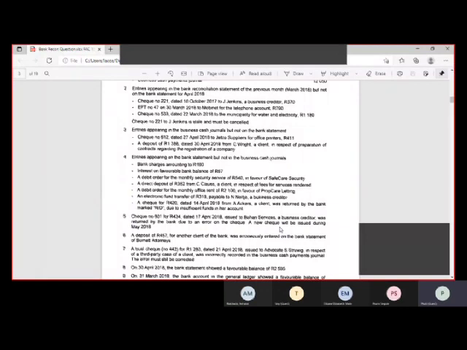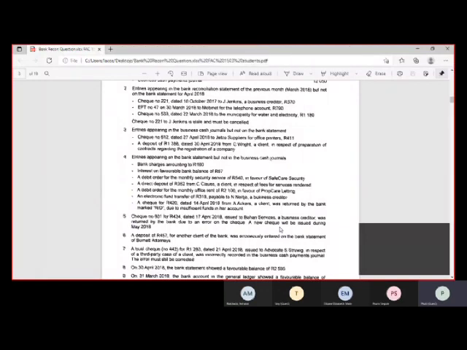Okay, entries appear in the business cash journals, but not in the bank statement. So they appear in the cash journals, but not in the bank statement. All right. So one thing I know, and the reason why I'm referring you to the FAC1503, is that it unpacks transactions like entries appearing in the bank statement but not in the cash journals, or entries appearing in the cash journals but not in the bank statement.